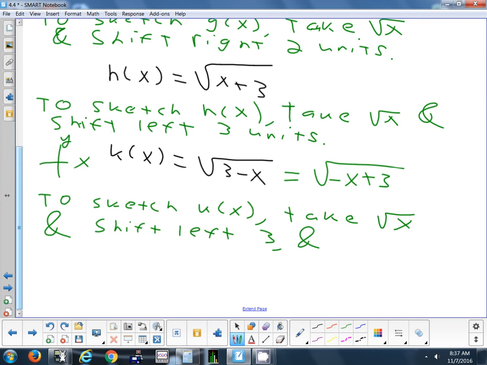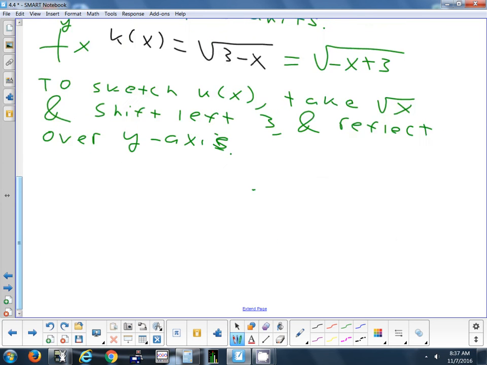Okay, so take the square root of x and shift it left 3 and reflect over y-axis. So that would cause a big change in the domain if I asked you about that. So now instead of having a graph that would look something like this, it's going to look like that. Okay, so now your domain is going to be in the negative numbers.